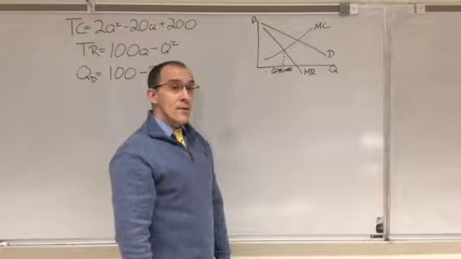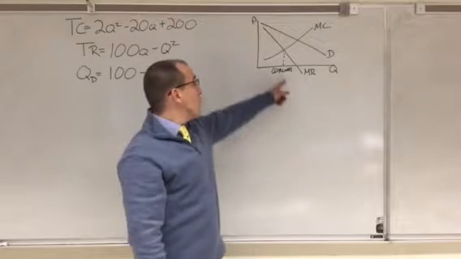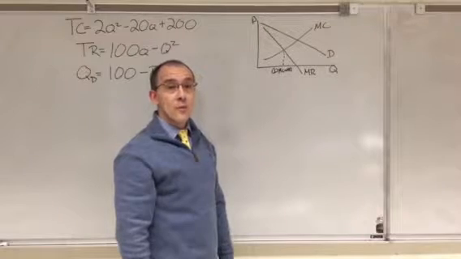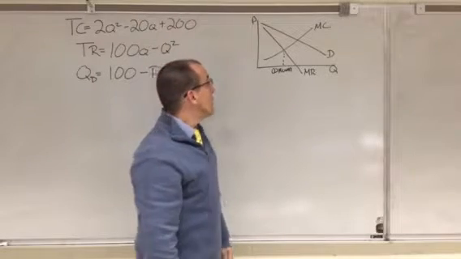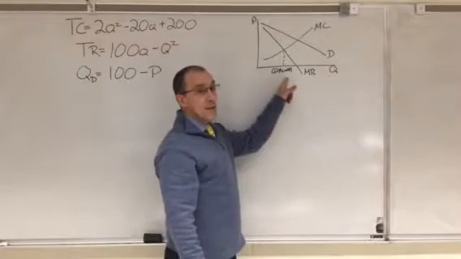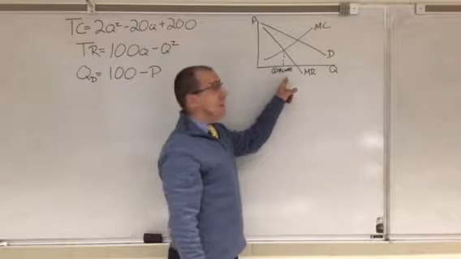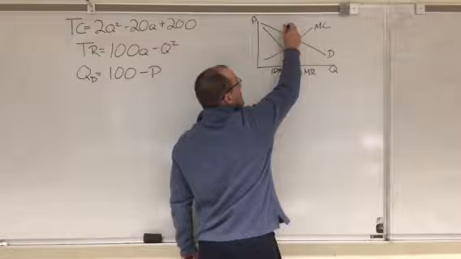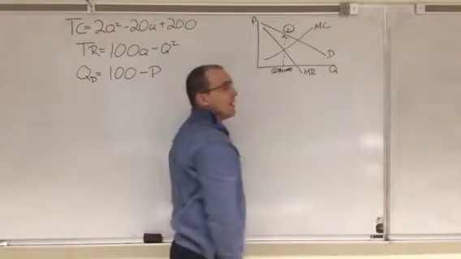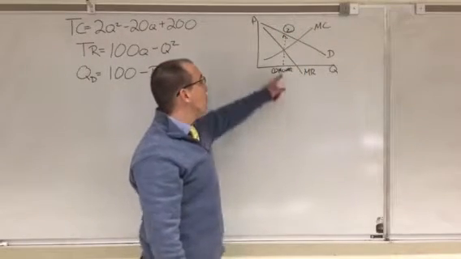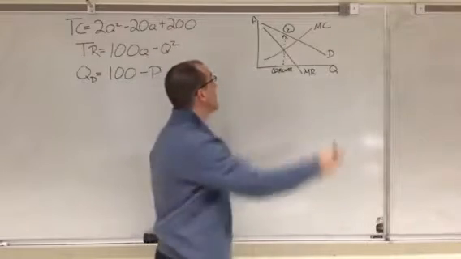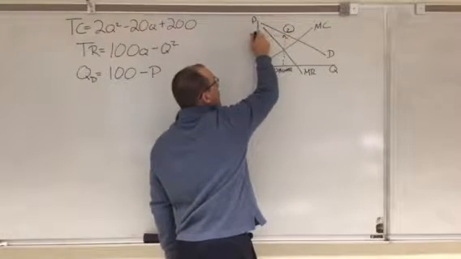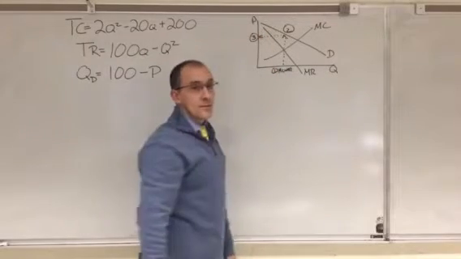Now, with a monopoly, once they determine their quantity, the next step is to determine the market price. Because they control the quantity, we then go up to the demand curve and use the interaction of the quantity and the demand curve to figure out the price.